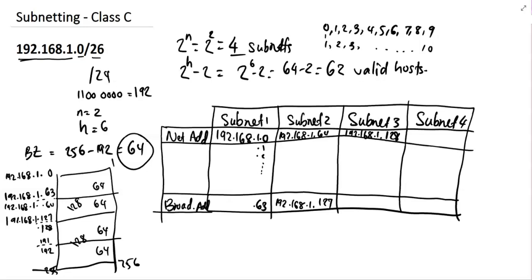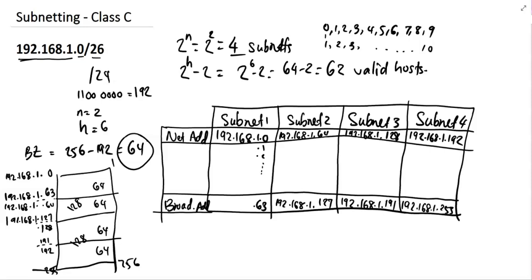And if I add a 64 over there, it's going to be 192.168.1.191. And then from 191, I can go one step up, and that gives me 192. And then from 192, if I add another 64, it gives me 192.168.1.255.